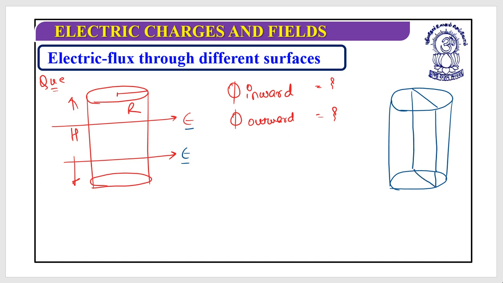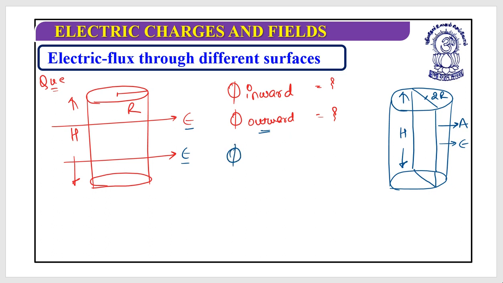Yes, because it is a perpendicular area vector. This is area, this is electric field. I am talking about the outward flux. This distance should be 2r, and this height, as they have given, is h.